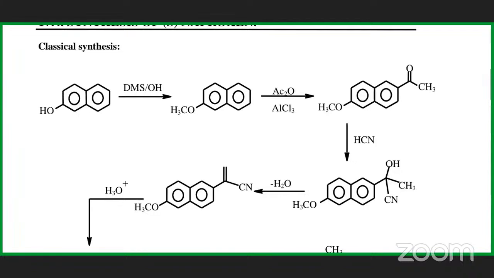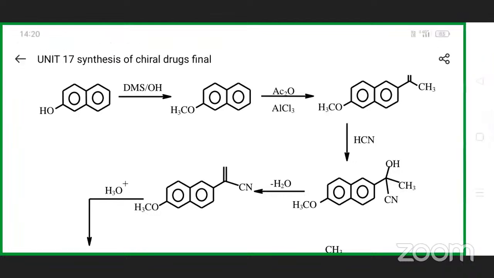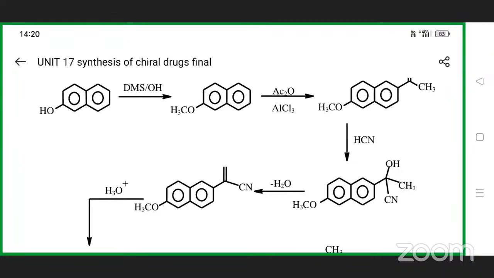The girls are passionate about applying nail polish, and if you want to remove it, no other chemical will remove it, but if you use this nerolin, it will be removed. The synthesis of nerolin is very simple: you take beta naphthol, add the DMS, dimethyl sulfate, and you get nerolin.